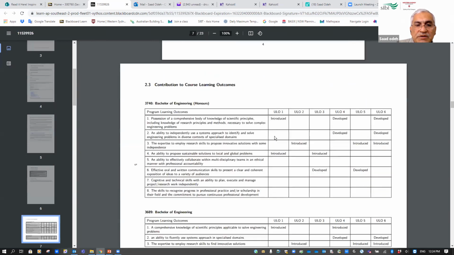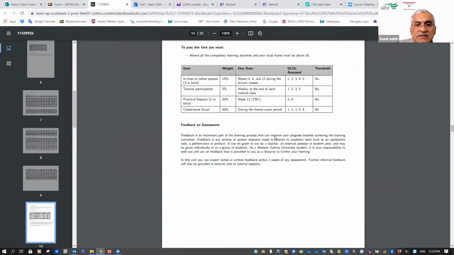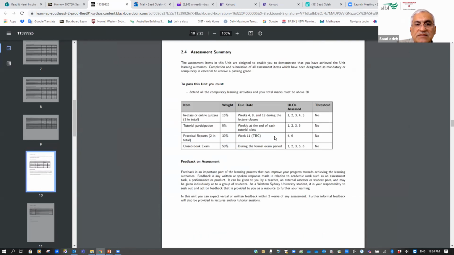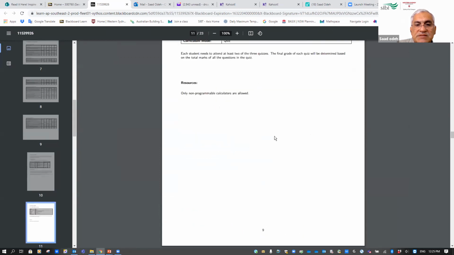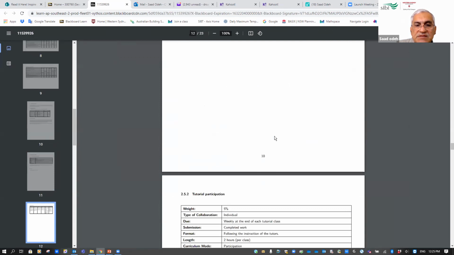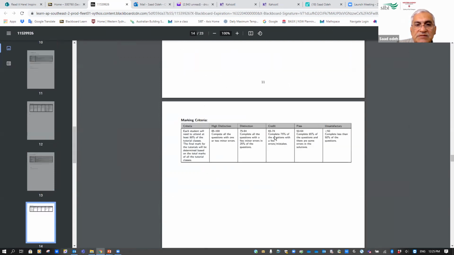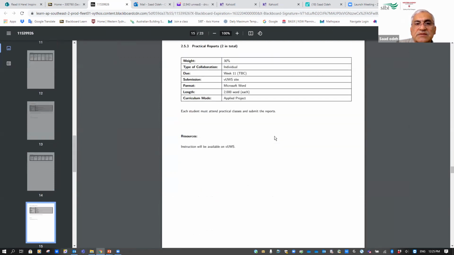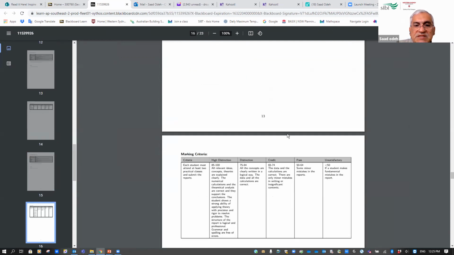For example, this is the quiz, this is the tutorial, these are the practical reports. This is the marking criteria for the report.